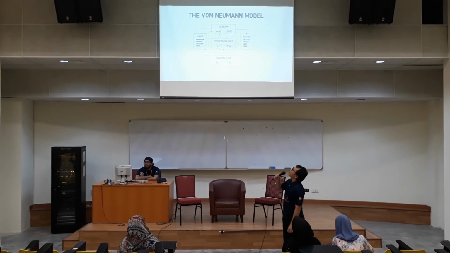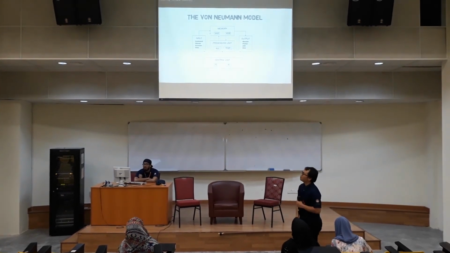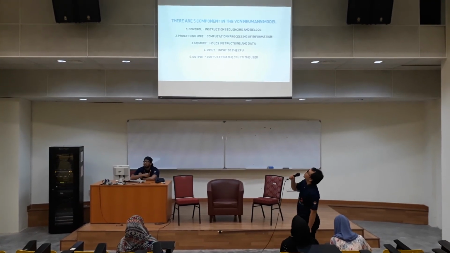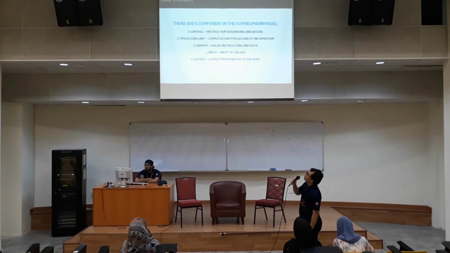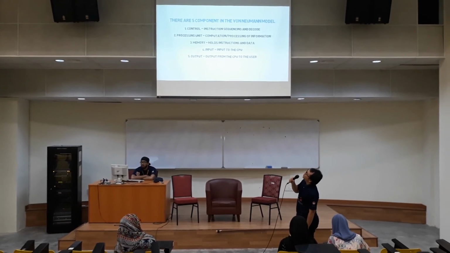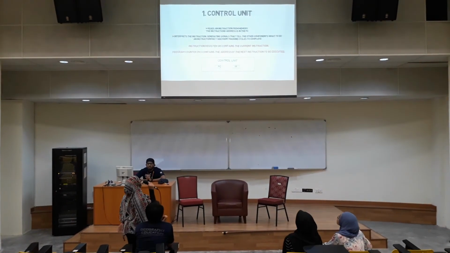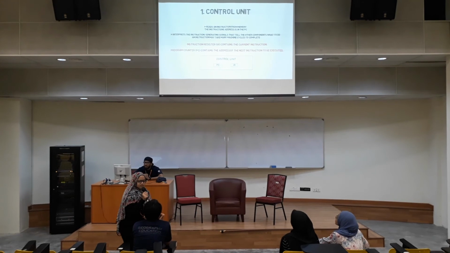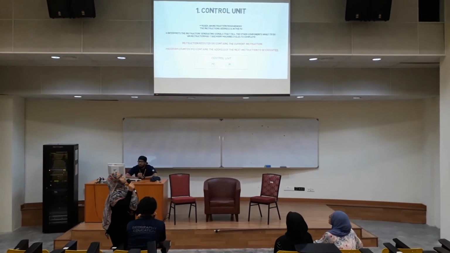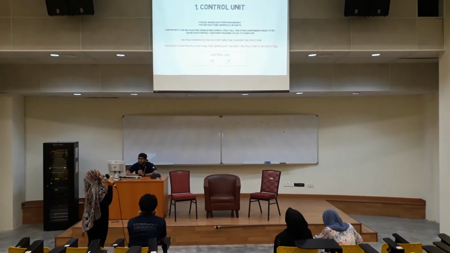This is how the von Neumann model looks. There are 5 components in the von Neumann model: control, processing unit, memory, input, and output, from the CPU to the user. First, the control unit reads an instruction from memory. The instruction address is in the PC.